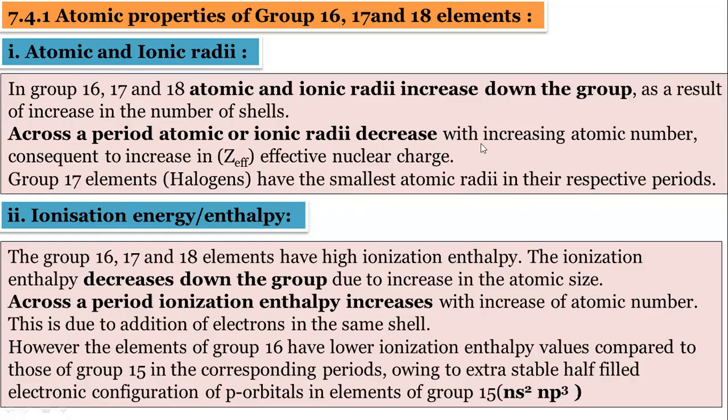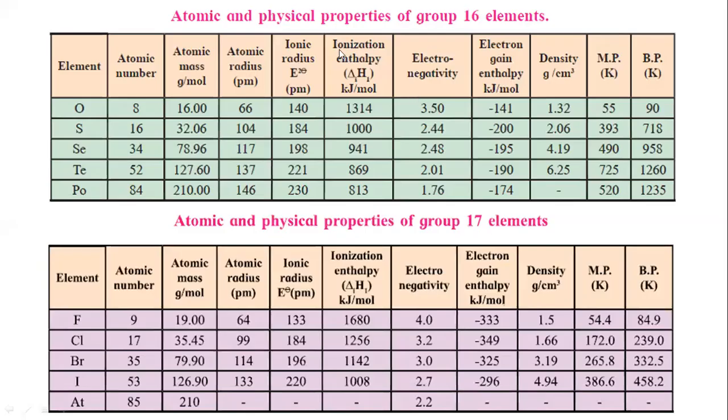We can see this is a table of group 16 elements, and this is a table of group 17 elements. See the atomic radius and ionic radius. We are comparing the ionization energy. See, the ionization energy of oxygen is 1314 kilojoule per mole, and the ionization energy of polonium is 813.